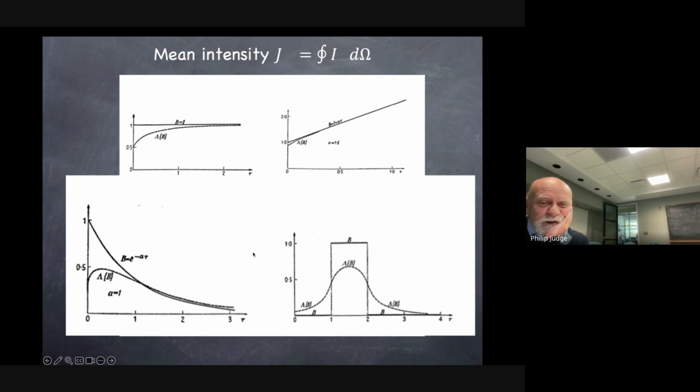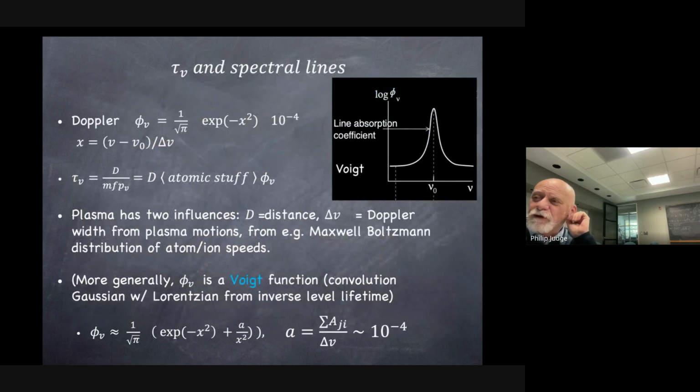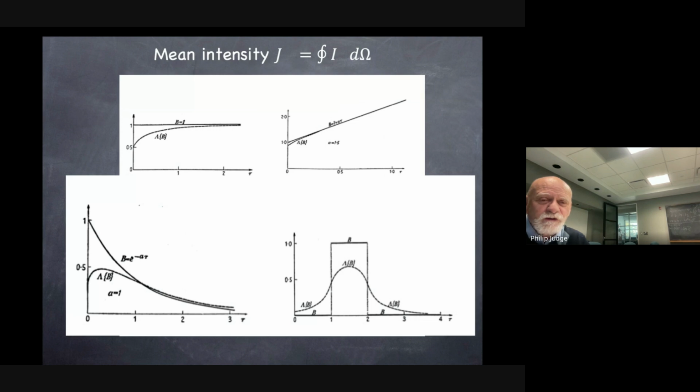We have looked at those things, and today I think we're going to look a little bit deeper into how things like spectral lines are formed, as well as just any old frequency.